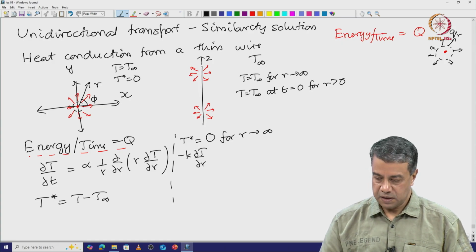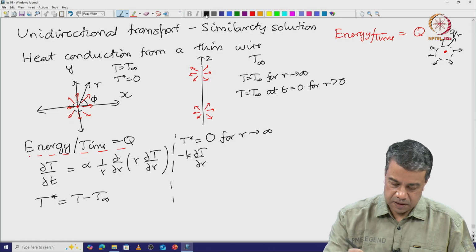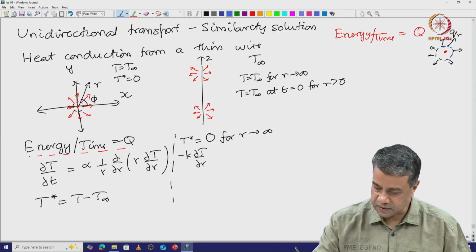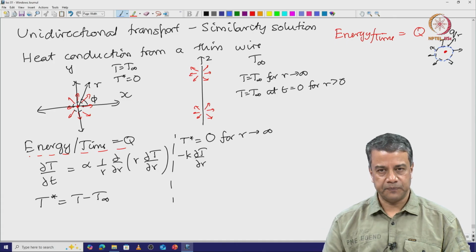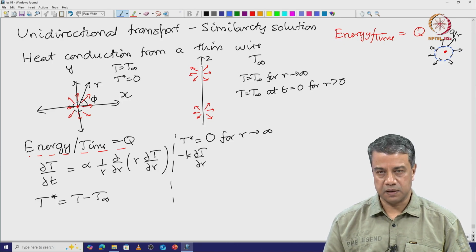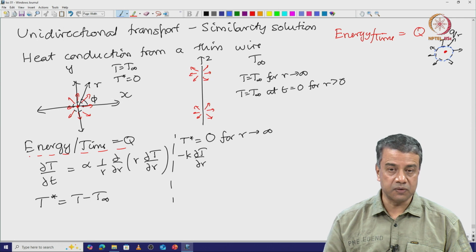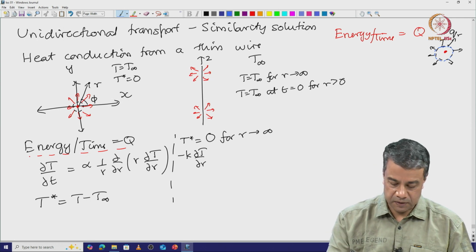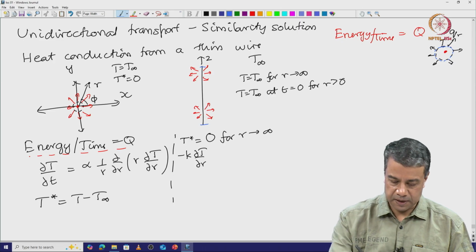The area is the product of this perimeter multiplied by the height of the wire. So, if you assume unit height for the wire, and assume that Q is the energy per unit height. So, Q is the energy generated per unit height of the wire per unit time.